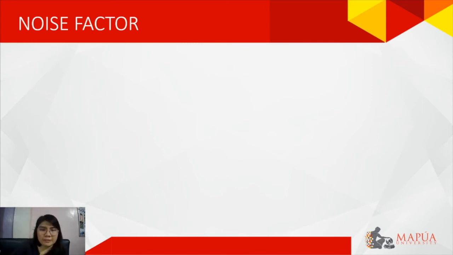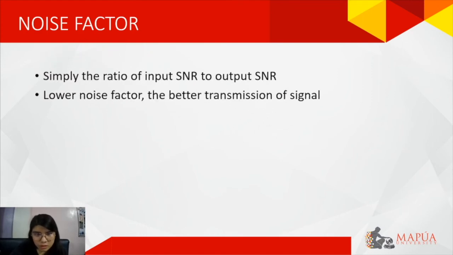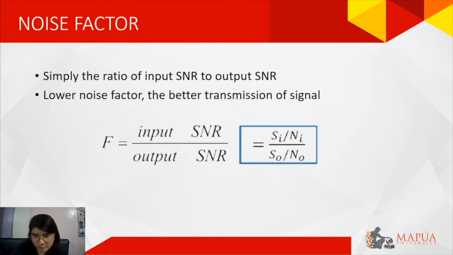Noise factor is the measure of degradation of the signal to noise ratio in a device. It is the ratio of the SNR at the input to the SNR at the output. Since the SNR at the output will be lower than the SNR at the input, the noise factor is always greater than 1.